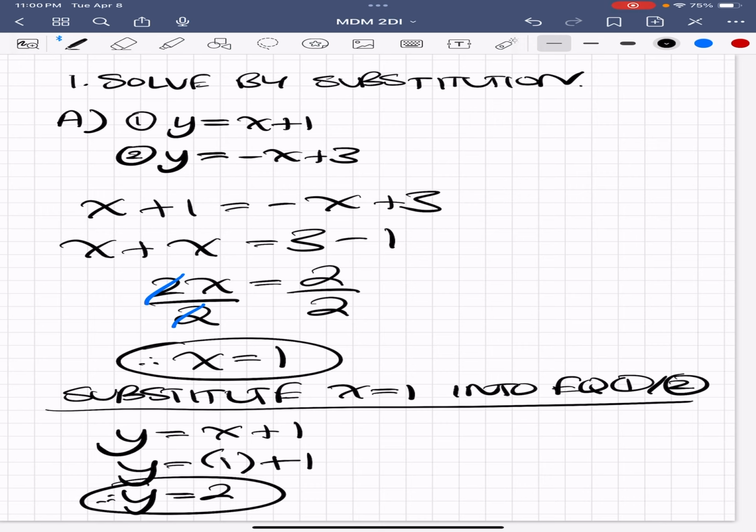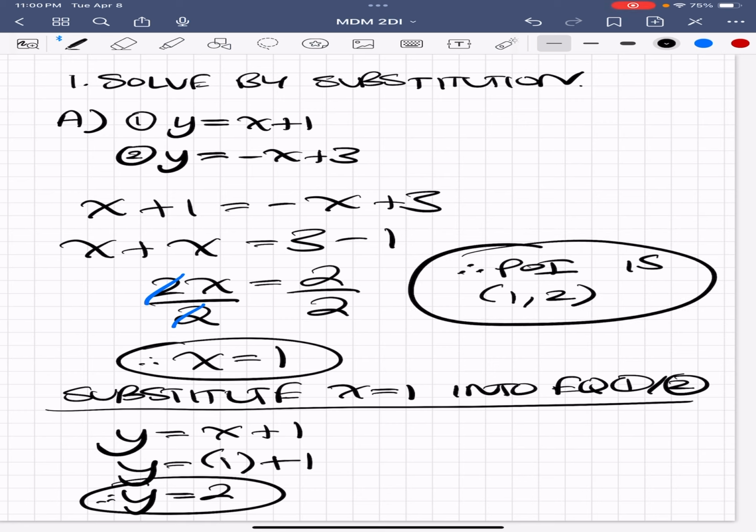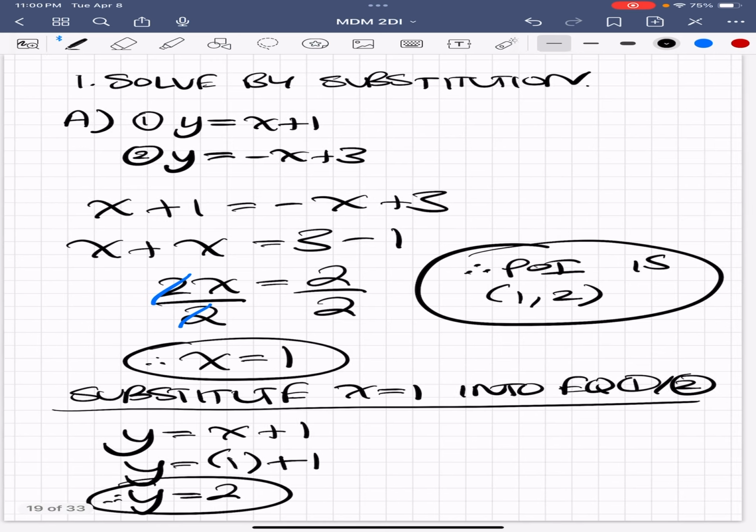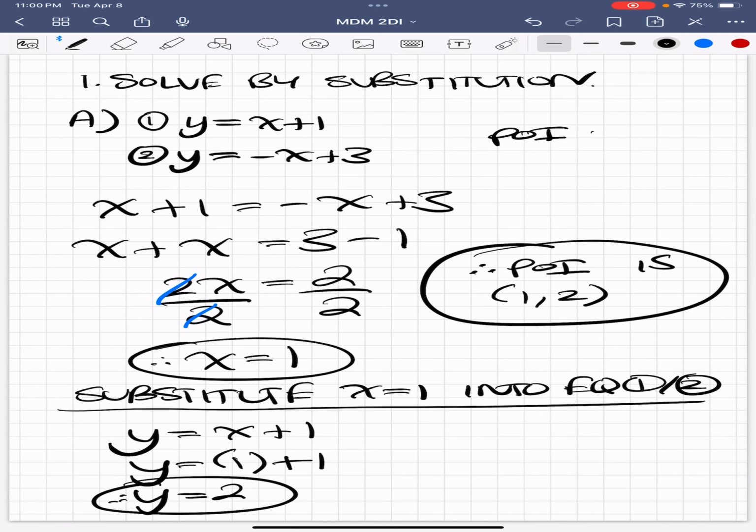So now we have our point of intersection. So our POI is 1, 2, because we have POI is x, y.